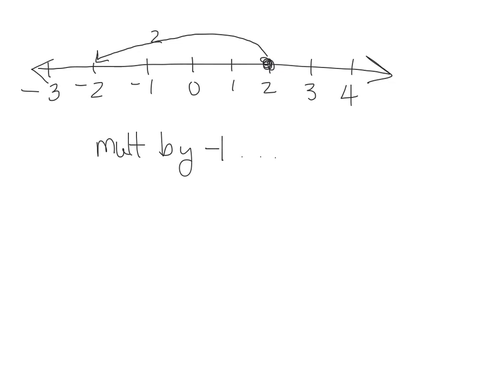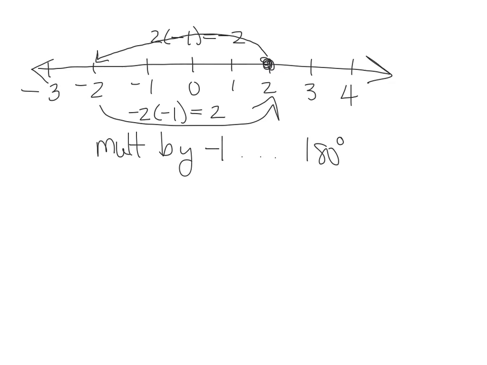Okay, so 2 times -1 equals -2. And then -2 multiplied by -1 gives us +2. So we have a 180 degree rotation on a number line.